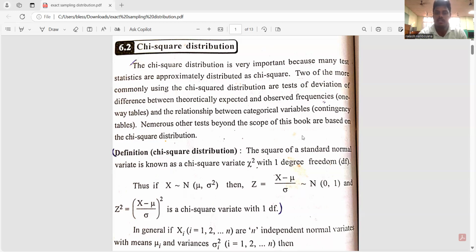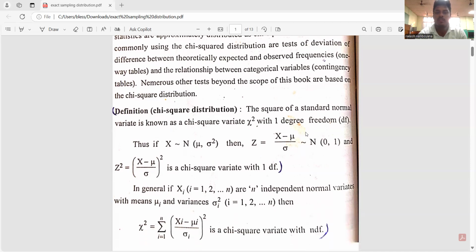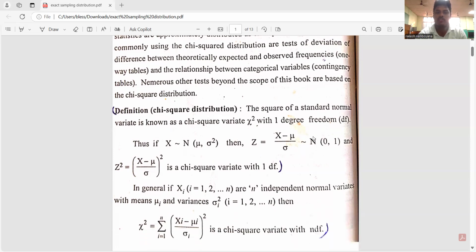The chi-square distribution plays a major role there. By definition, the square of a standard normal variate is known as a chi-square distribution with 1 degree of freedom. If x follows a normal distribution, then z equals x minus mu by sigma follows a standard normal variate.